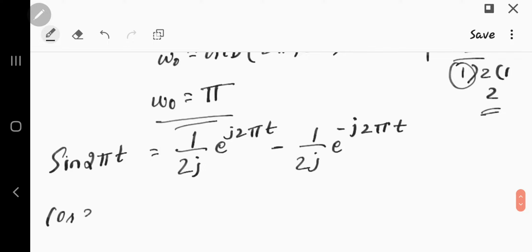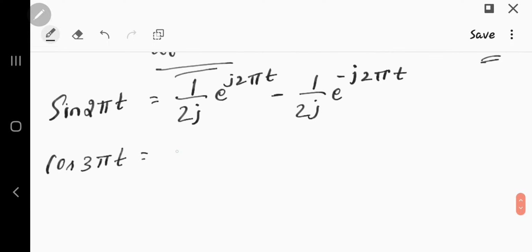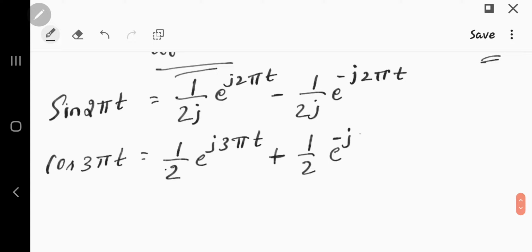This is the sine conversion into exponential, and cosine is 1 by 2 e power j 3 pi t plus 1 by 2 e power minus j 3 pi t.